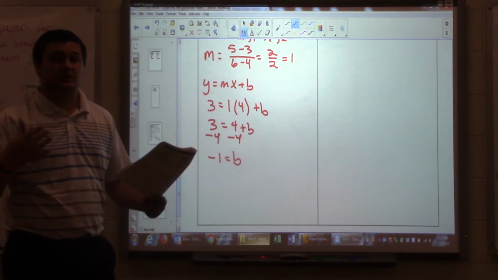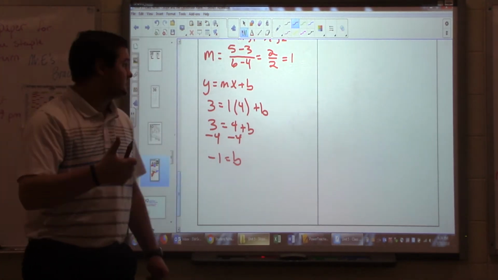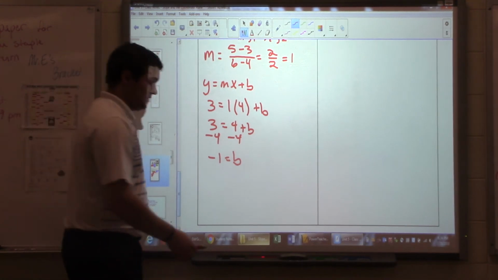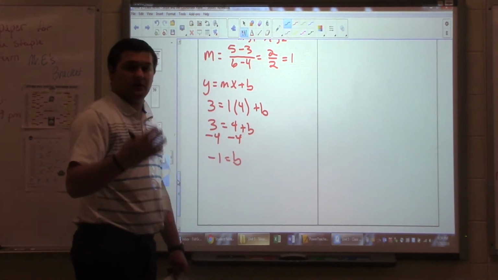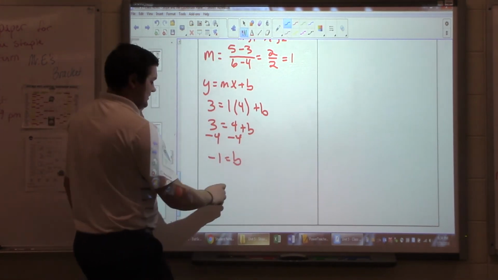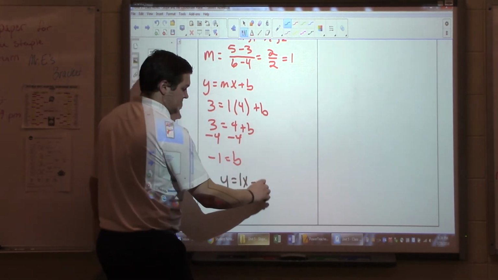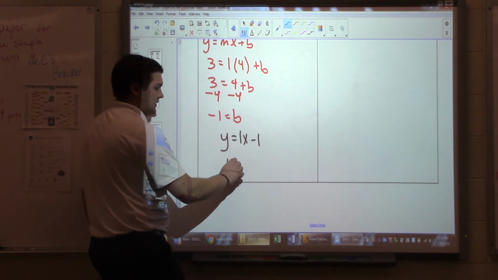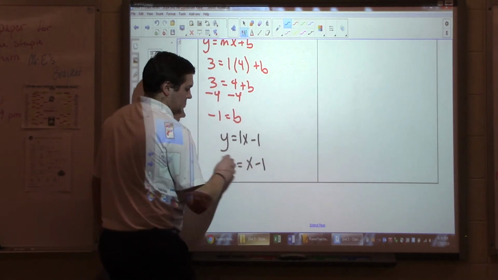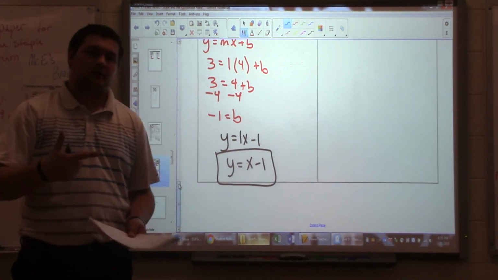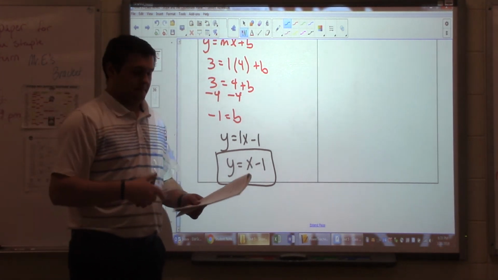So we get negative 1 equals b. So my slope is 1, my y-intercept is negative 1. Plug it in to our equation for m and b. y equals 1x minus 1, or we can write it as y equals x minus 1. Right? Find your slope, find your y-intercept, plug them in.